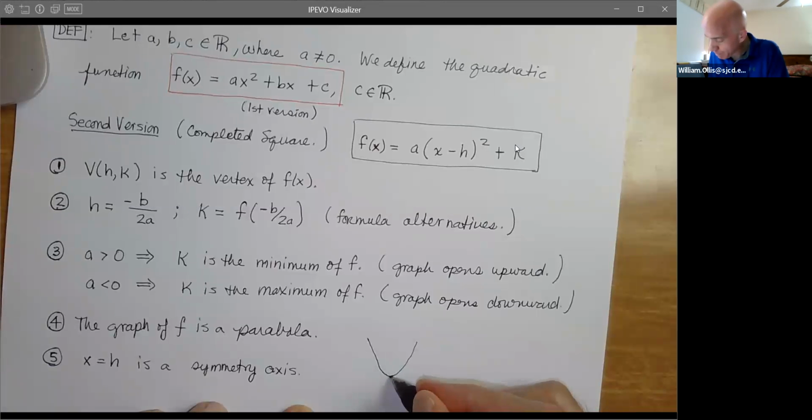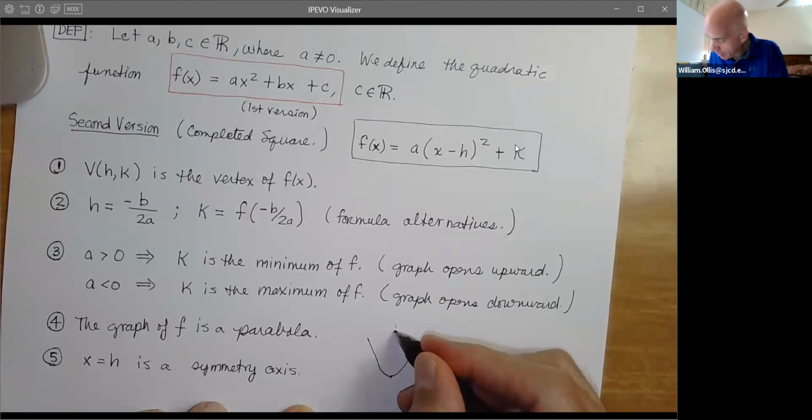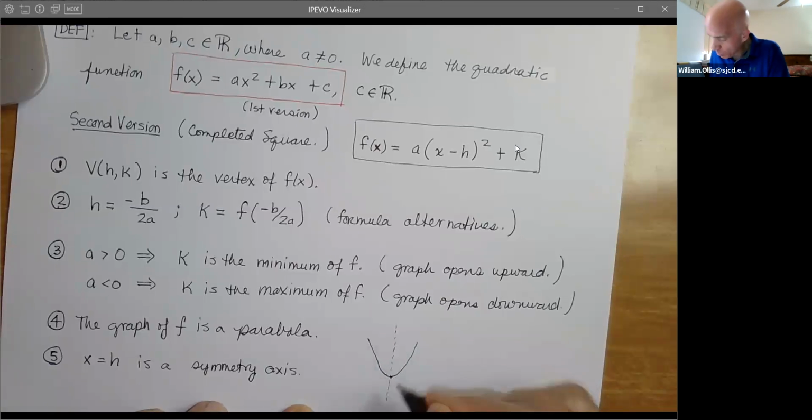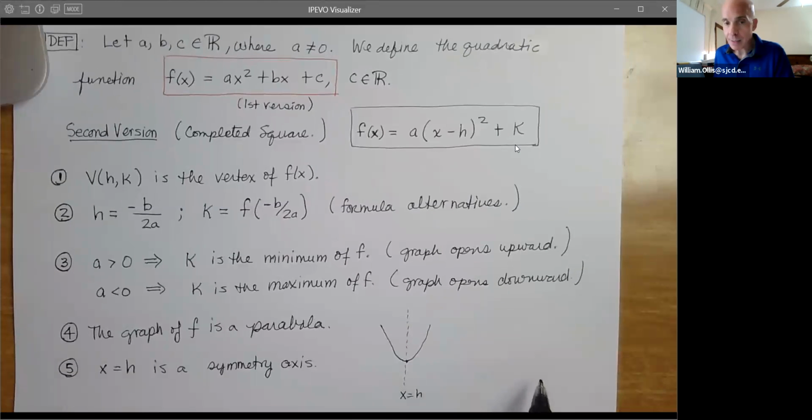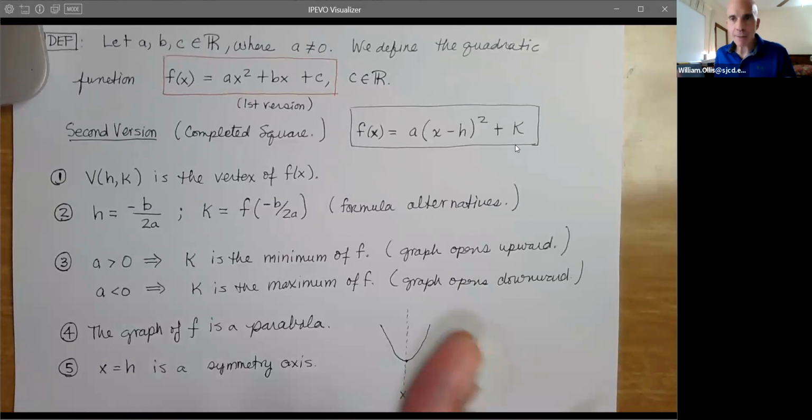And so there's the vertex, and the symmetry axis, the vertical line x equals h, just divides the graph into symmetric pieces. So again, the vertex is really where lots of the interest of the function abounds. And so we might get a couple of other points, and then we can use the symmetry axis and have a very good picture of the quadratic like we did in the previous problem.